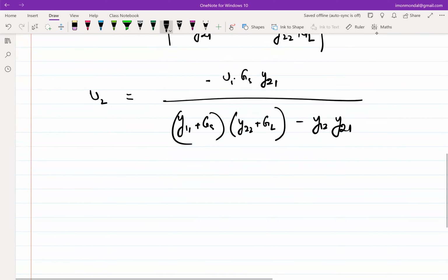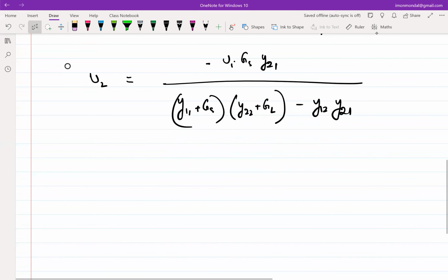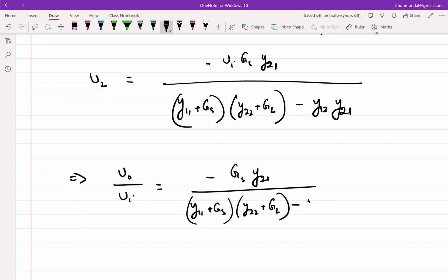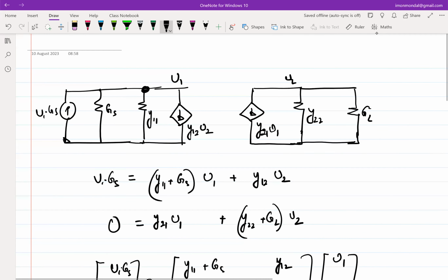V2 is in our case V0. So essentially the voltage gain becomes GS Y21 over the denominator. Let me also mark this out as V0.